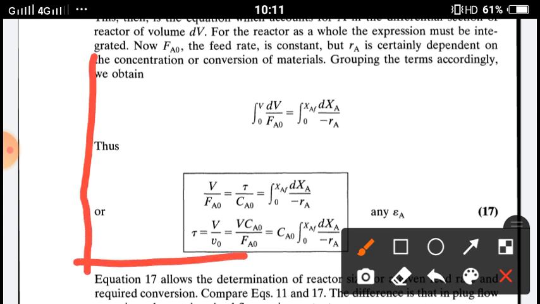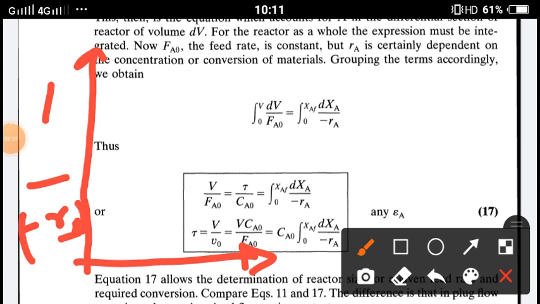Suppose this is our graph. On the y-axis I will write 1 divided by minus Ra, and on the x-axis the parameter is Xa. Suppose my curve is something like this.